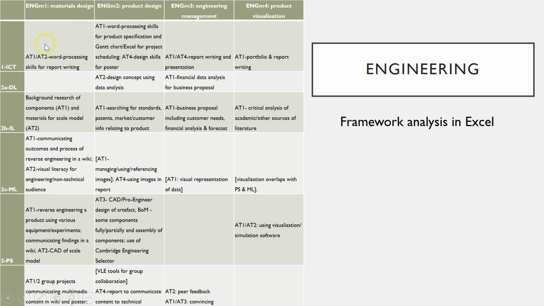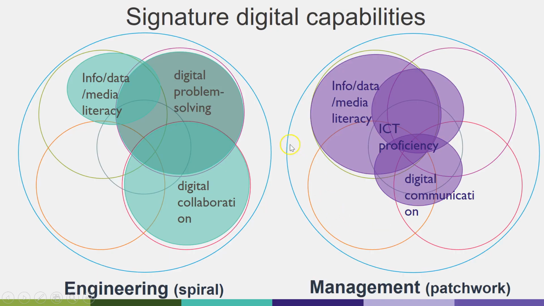And I used then this color-coded Excel chart to produce some of my findings and mapping that back on the GISC digital capability framework. And as you see, the darker the area, the more prominent the development required of students when they were getting ready to become professional engineers or managers.